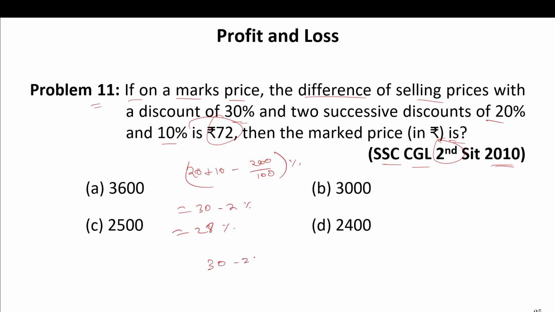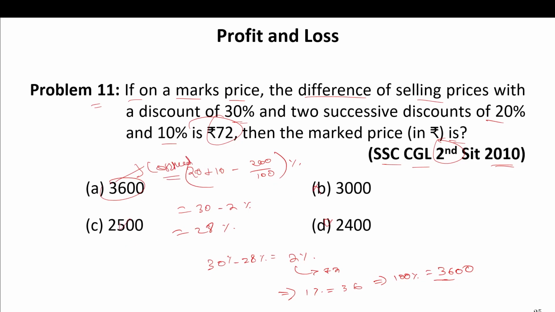So 30 minus 28% is equal to 2%. Okay. So given that this difference, that is the percentage difference between these two, is equal to 72 rupees. So 2% is equal to 72. So this implies that 1% is equal to 36. So this implies that 100% is equal to 3600. Okay. So 3600, that is option number A, will be the correct one.